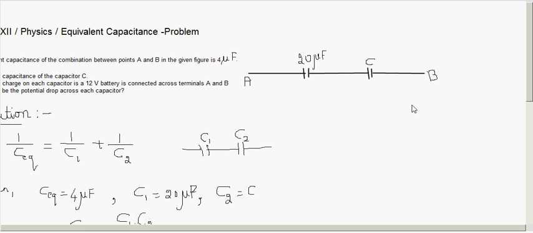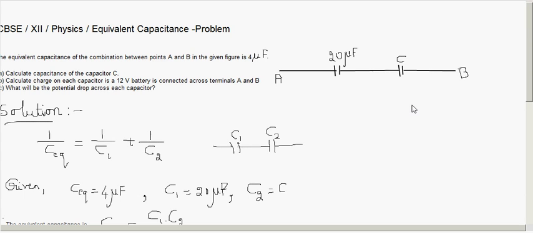Now the second question: charge on each capacitor if a 12 volt battery is connected across terminals A and B. So how do we find the charge?